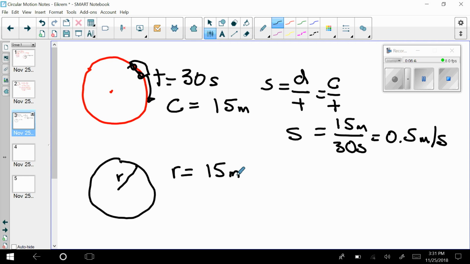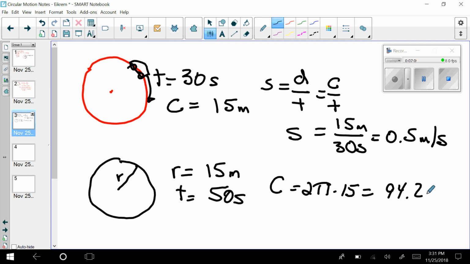Okay? And we're going to have a time equal to 50 seconds to travel around that circle. Okay? So then in this case, the circumference is equal to 2 pi times 15, the radius, which is equal to 94.2 meters.